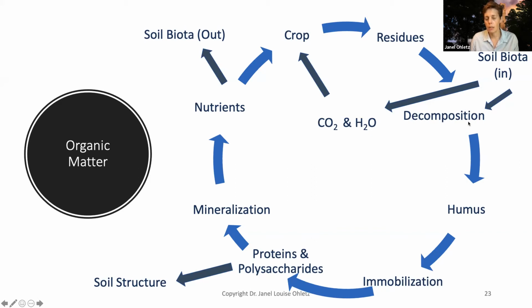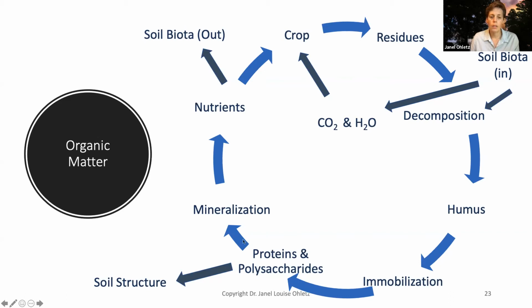In the decomposition, they also release carbon dioxide and water, which an actively growing crop can take up. That decomposition then breaks down and turns into what we call humic matter, humus, and some of those nutrients are immobilized by other organisms that are going to utilize that.